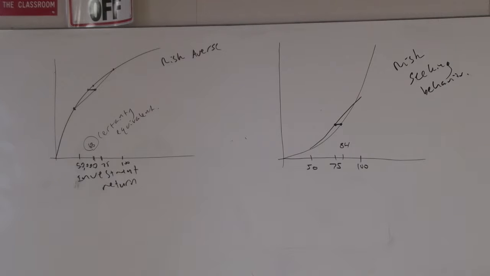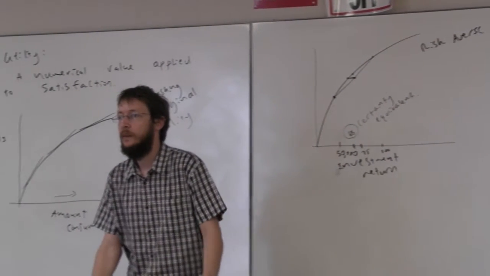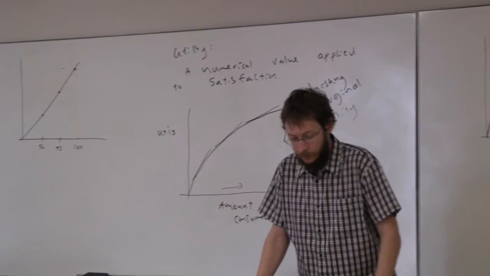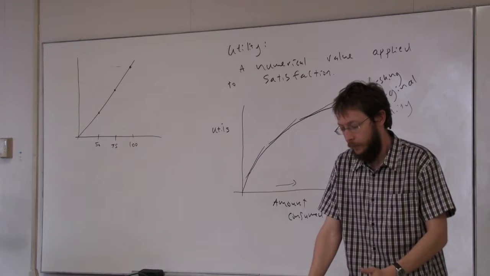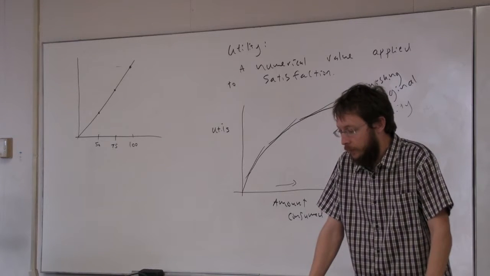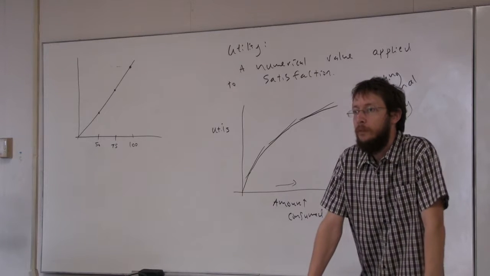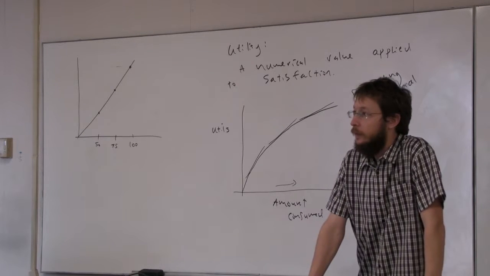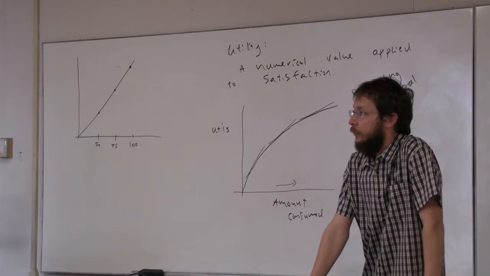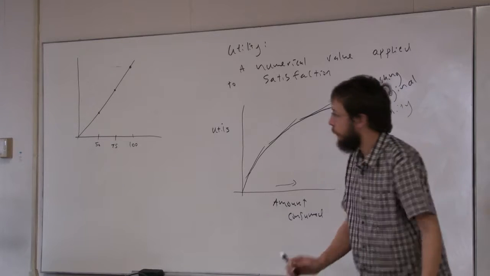He says, okay, if I just keep making the same investment, then I'm cool. I got basically an average of 75,000 each time I make the investment, right? So that's risk neutral, where you don't care that technically your money is fluctuating. All you care about is that on average you're making some given amount, and your certainty equivalent is in fact the average return that you're actually making, right? So that's risk neutral behavior.